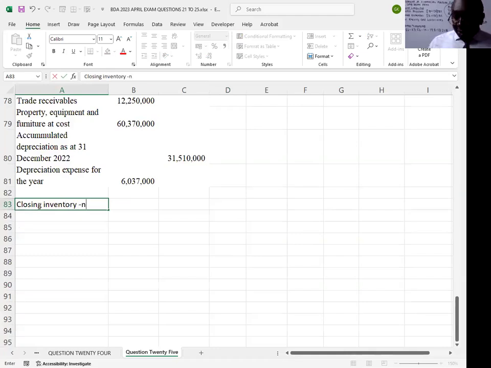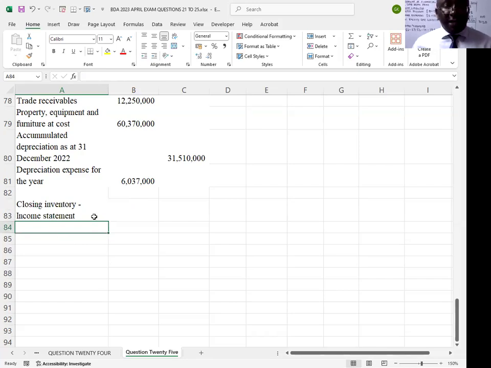Now, this closing inventory, we have two types. There is one that will go to the income statement. The one that will go to the income statement will be credited because it's meant to subtract.